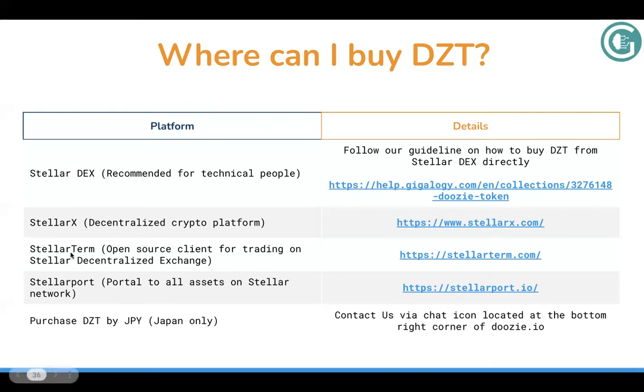Stellar Term, which is an open source client that basically does everything on top of the Stellar decentralized exchange, so you get a nicer user experience for the decentralized exchange. Stellar Port is also something you can use. That is also a portal of all assets on the Stellar network.